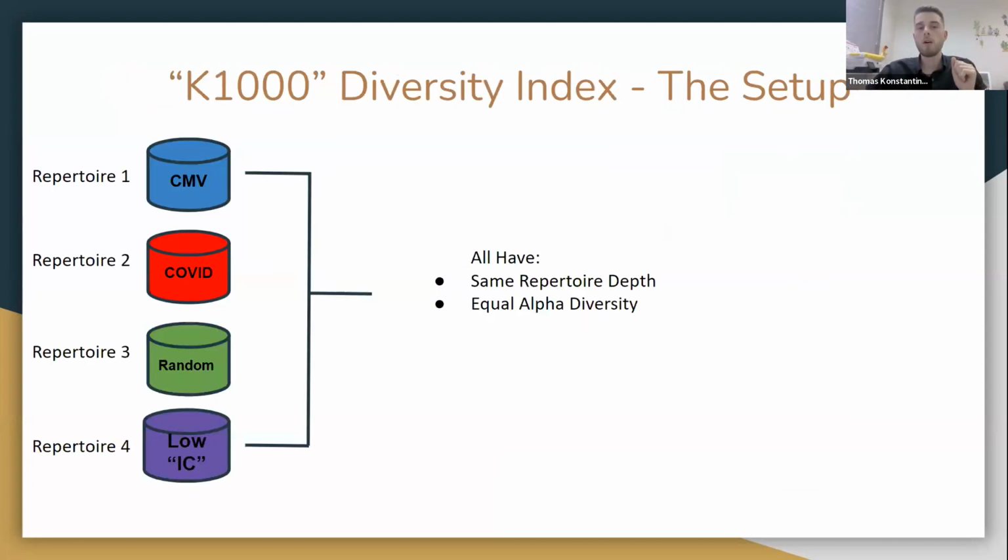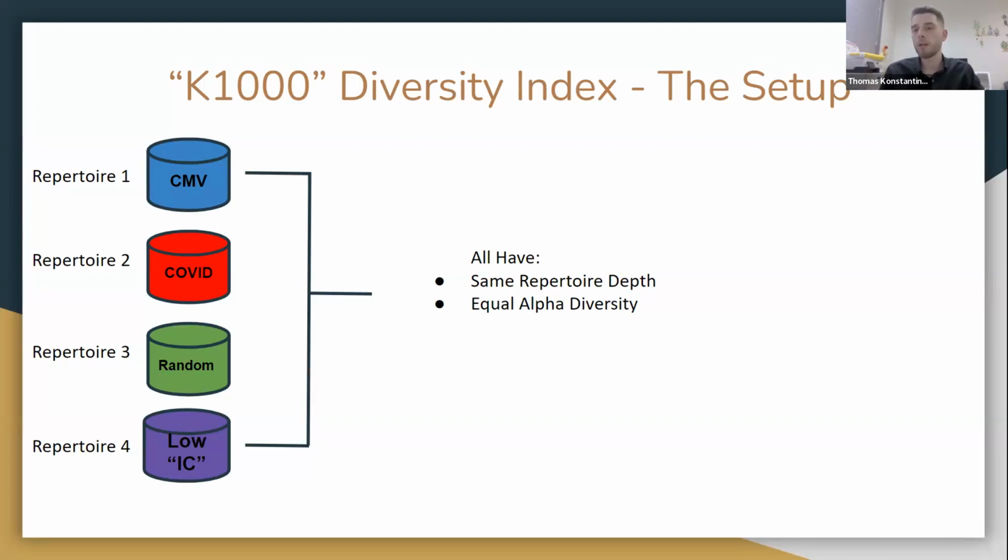Now, we also provided a new idea for a diversity metric. We call our diversity index K1000, and it's fundamentally different than the traditional diversity indexes we are using right now when working with repertoires.